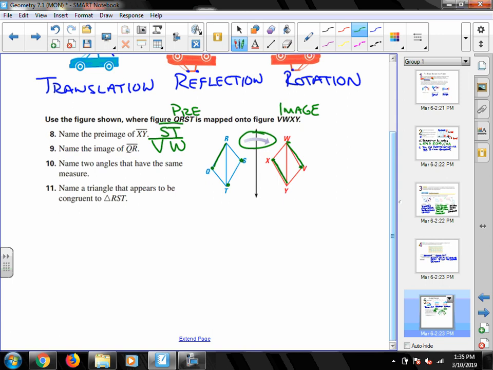And we need to name 2 angles that have the same measure. There are a lot of options here.